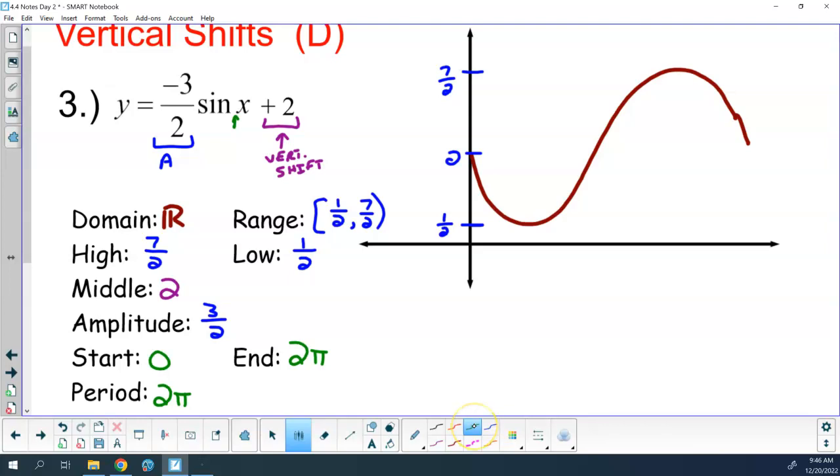Horizontally, I would be at 0, pi over 2, pi, pi over 2.